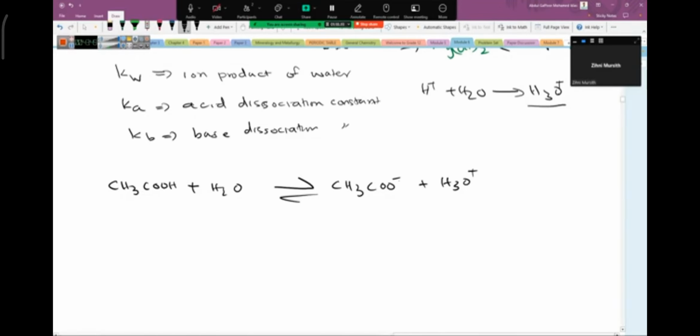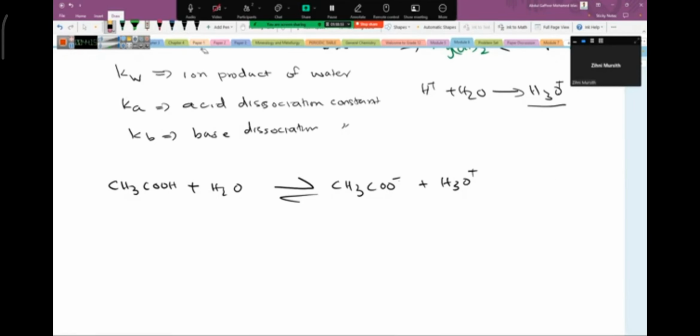For example, here we have H2O and we have H plus, so this will make a bond and become H3O plus. I'm just telling you this, it is not actually required here.